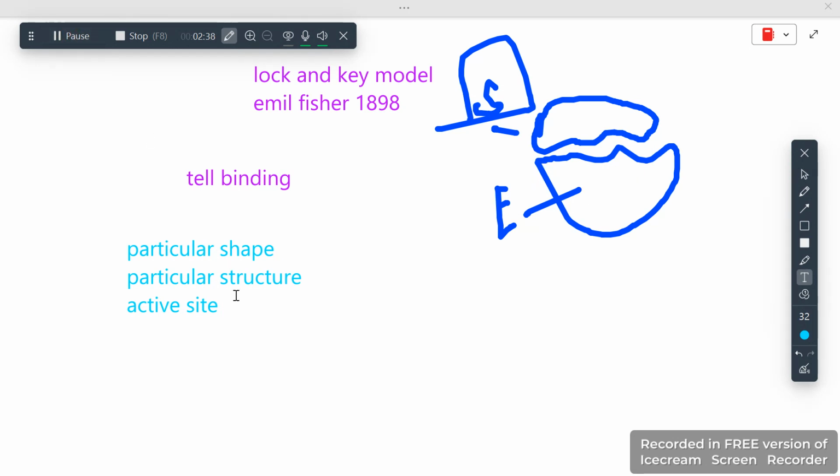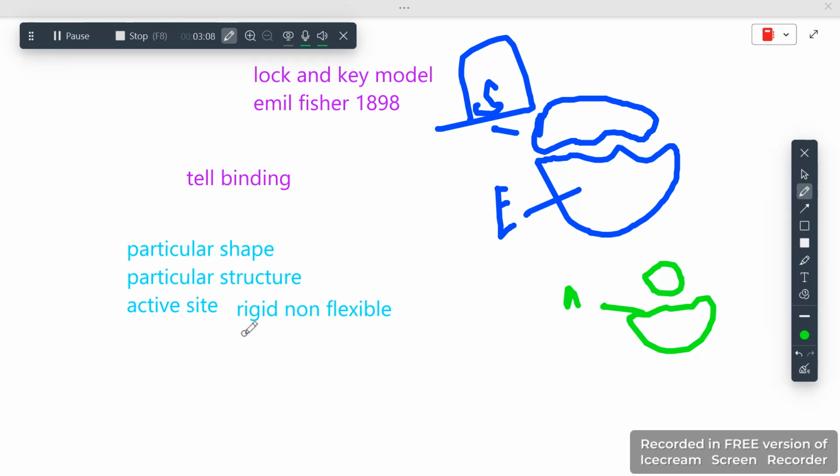Here the active site is rigid. What does this mean? Rigid means non-flexible. If we have this one enzyme, and for its substrate we have a circle-like structure, this is known as the active site where it will attach.